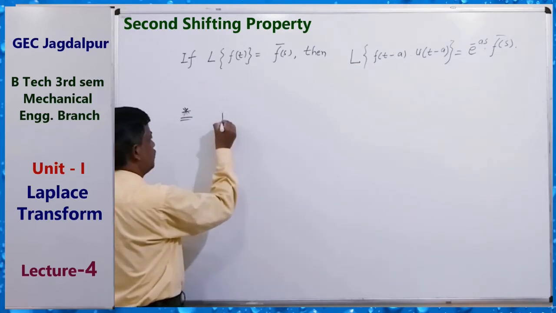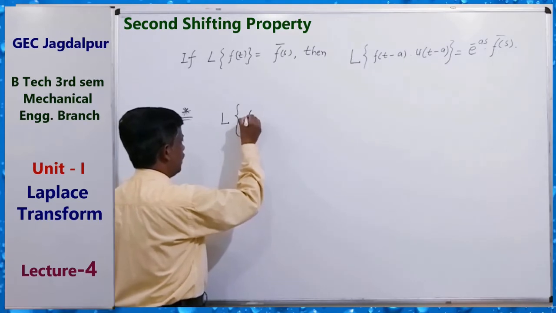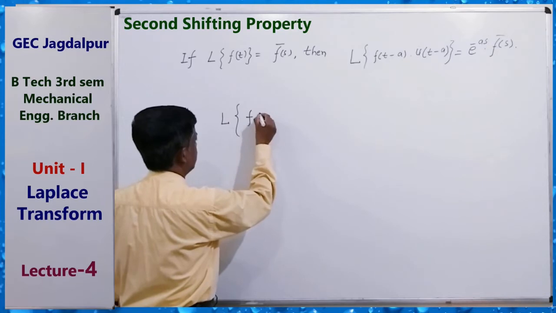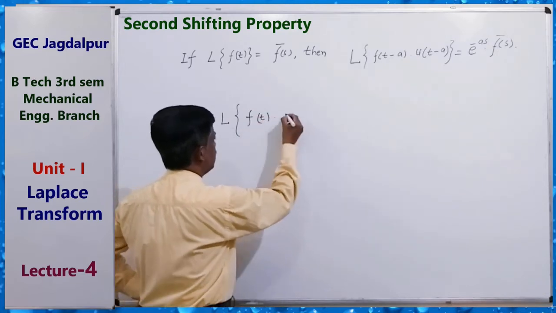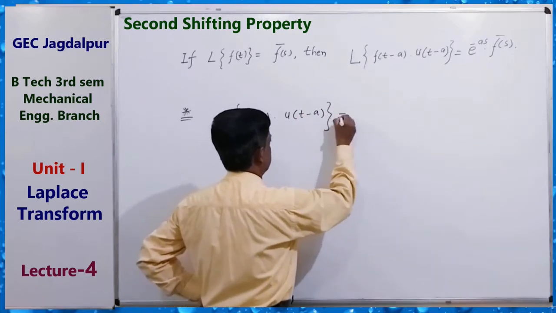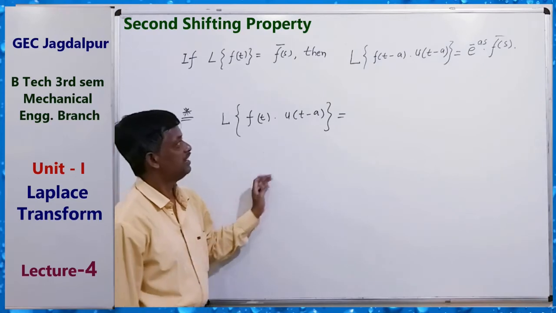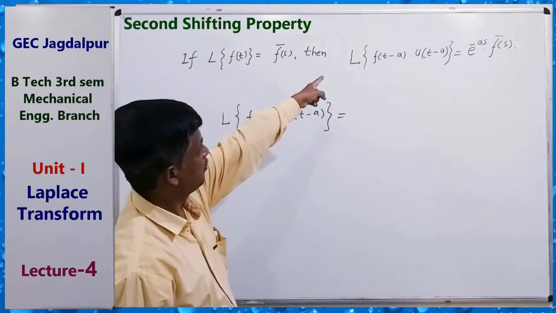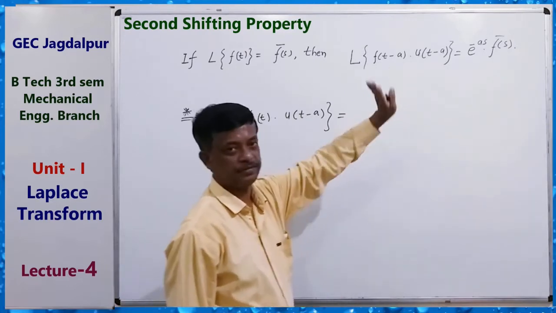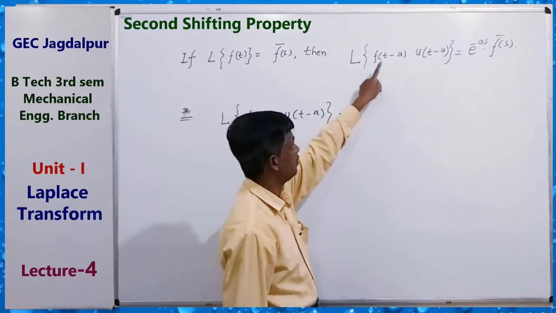So the Laplace transform of f(t) u(t minus a), we want to find the value of this. Here, the Laplace transform of f(t minus a) u(t minus a) equals that, where f bar is the Laplace transform of f(t).